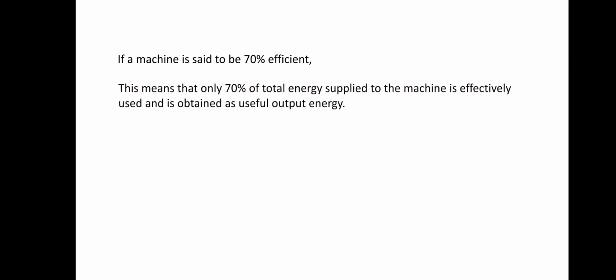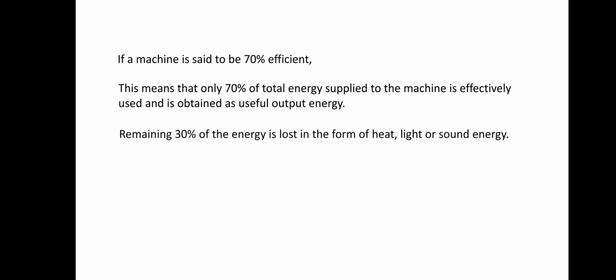Suppose a machine is said to be 70% efficient. This means that only 70% of the total energy supplied to the machine is effectively used and obtained as useful output energy. The remaining 30% of the energy is lost in the form of heat, light, or sound energy.